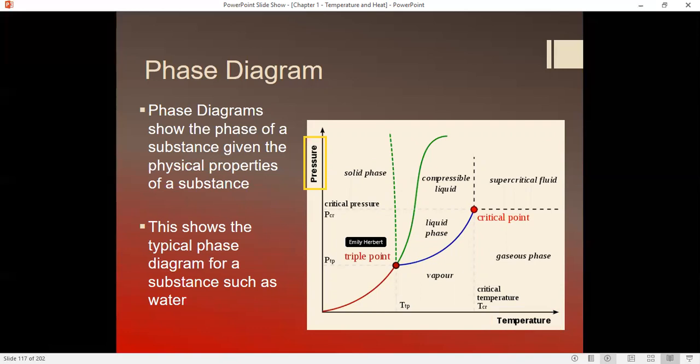So our solid is here. And then we can have liquids over here. So there's your liquid. And then, of course, a vapor or gas is out here.